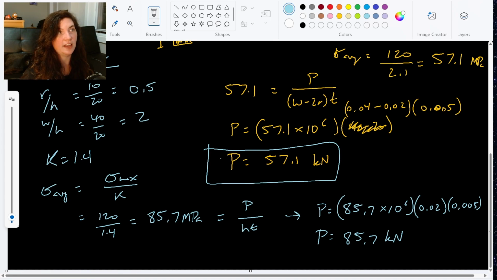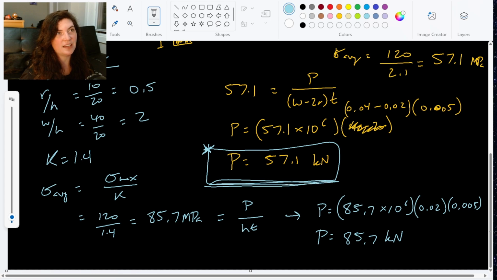It's going to fail at the hole because the hole can only handle a maximum of 57. So if we loaded it all the way up to 85, it fails. There's no saving it. It's close to the fillet's failure point, but the hole's already failed. So this is our limiting factor.